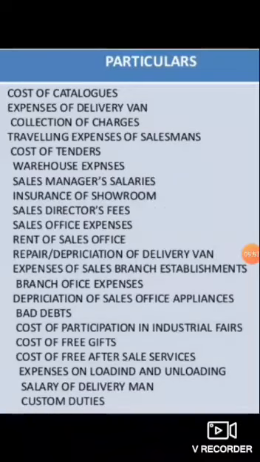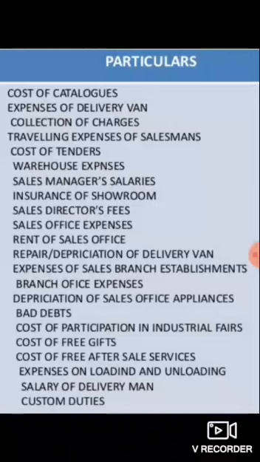Under selling and distribution expenses, cost of catalogs, if the company is preparing a catalog for their products for description, so those expenses are selling expenses, so those are added. And expenses of delivery van, if the company on their own is delivering the products to the outlets or to the consumers or to the departmental stores, those expenses are selling and distribution expenses, so those are added under overheads of selling and distribution.